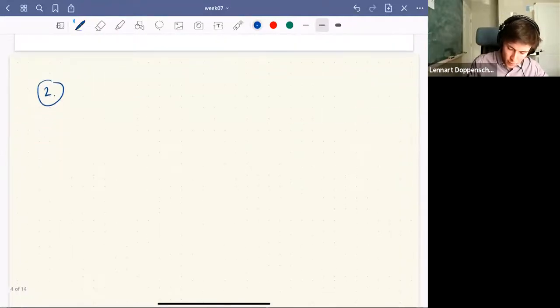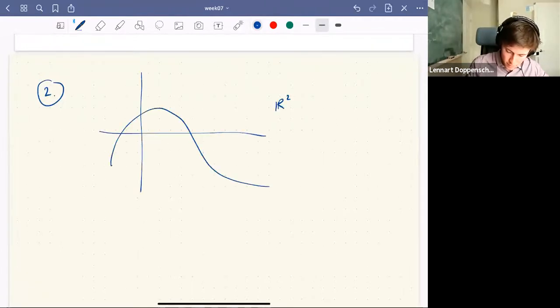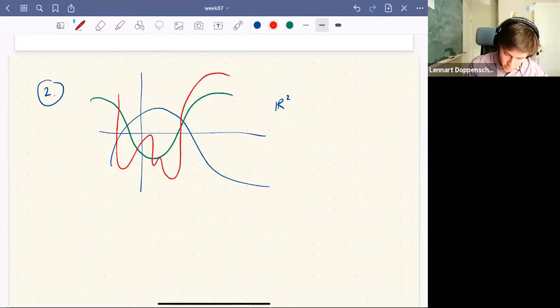that if we have a polynomial, so this is say R2, and how do we draw this best then? These are just different polynomials.